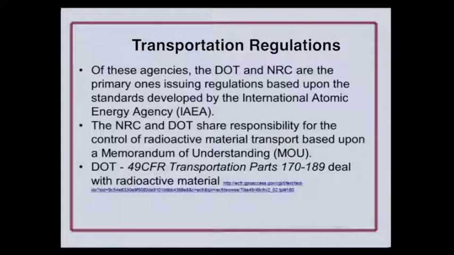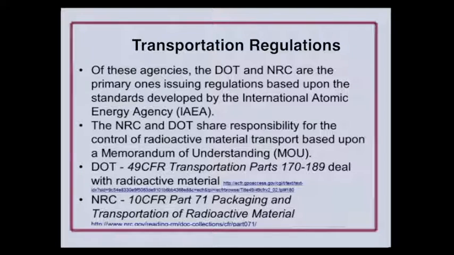You'll have access to these links. I think I've posted this section of it already on Blackboard, so you can kind of get to the regulation itself. And then NRC 10 CFR 71, which is called packaging and transportation of radioactive material.